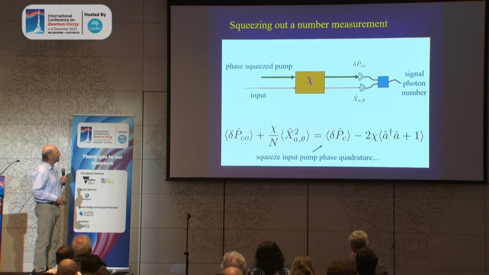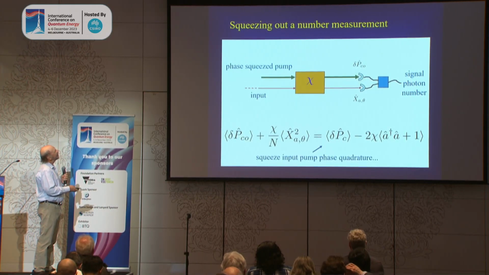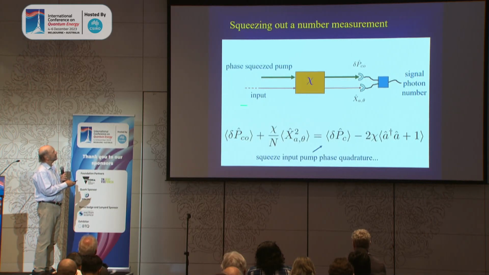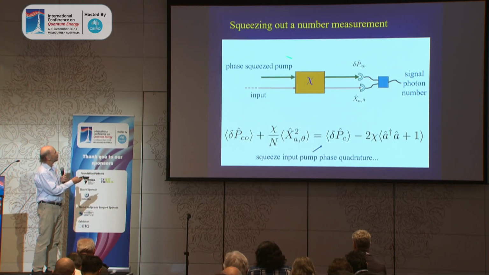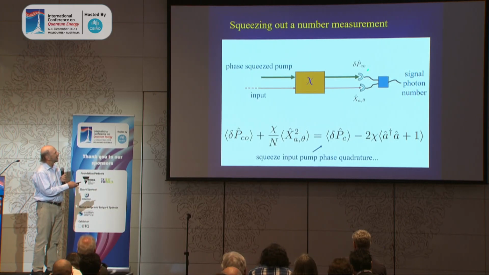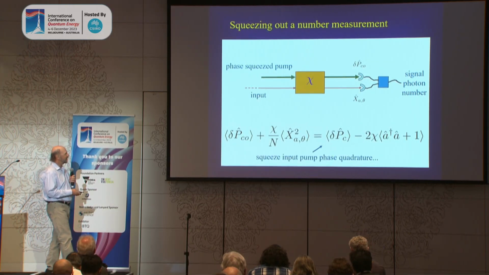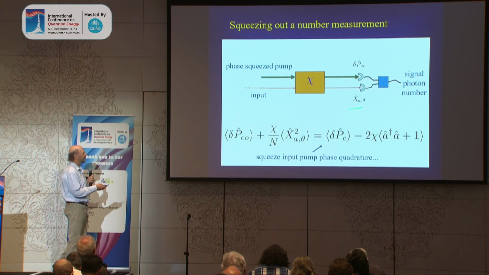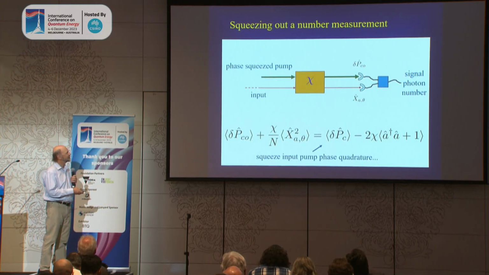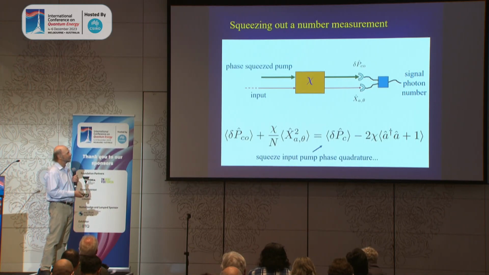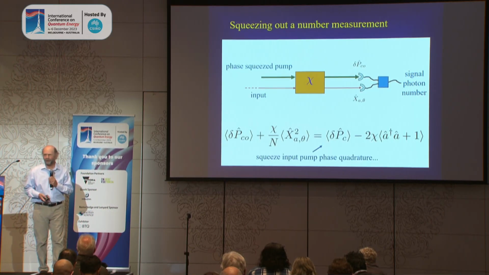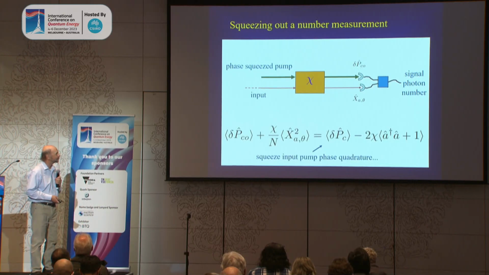So let me show it as a picture. The idea is we have some signal input that we want to measure the photon number of. So we pass it through this nonlinear crystal with a strongly phase squeezed pump. We measure both the phase fluctuations of the pump and these quadrature fluctuations of the signal. We do some classical electronic post-processing, and we get a signal that is proportional to the photon number of the input signal.